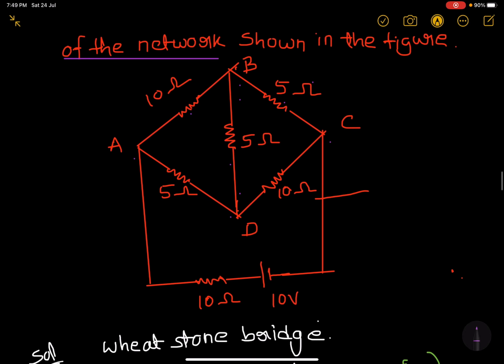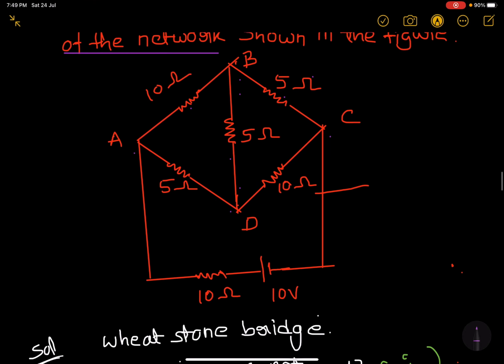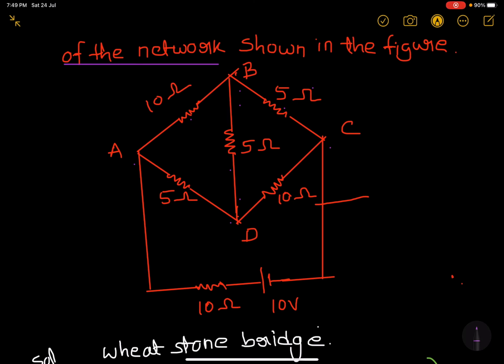In a Wheatstone bridge we check whether it is balanced or not balanced. If it is balanced, we apply one formula. If it is not balanced, we apply another formula.